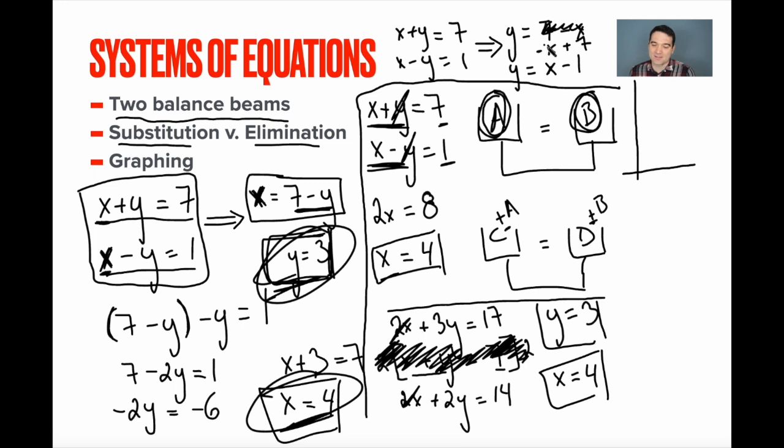Negative x means a slope of -1 and a y-intercept of 7, so something like that. Not a perfectly straight line, but I'm trying. And this is a y-intercept of -1, but a slope of +1, like that. They are going to intersect at the points that we solved for. I should say at the coordinates that we solved for.